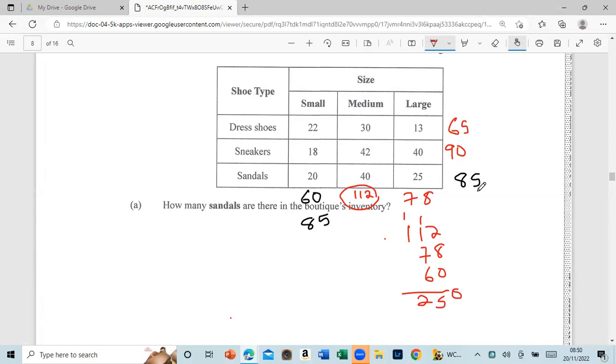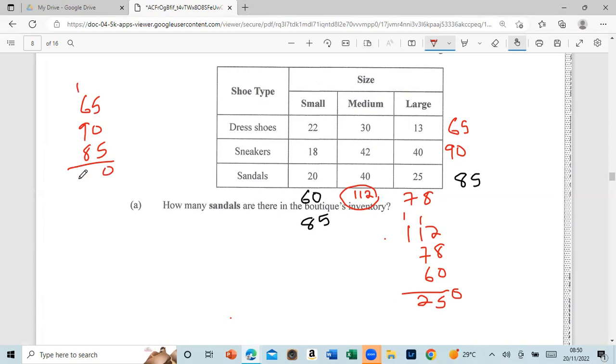So I'm going to add this. I'm not working in the right space, so that is so messed up. But guys, bear with me. 5 and 5, 10. 8 and 6, 14 and 10, that's 24. So it's 240.